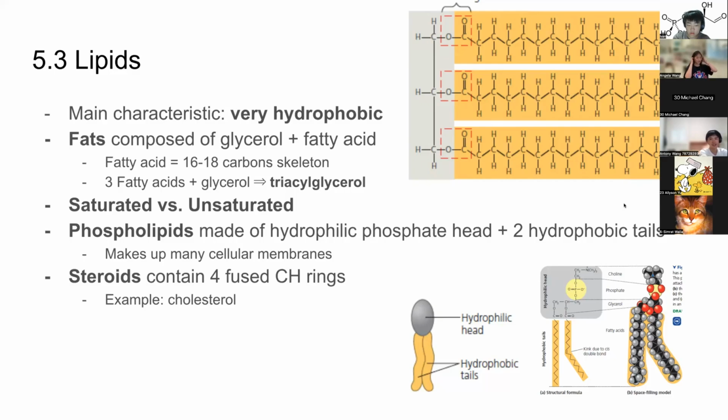Saturated fats are usually solid at room temperature and unable to move a lot because they lack the bends in the CH chain, which would create more space for them to move. Unsaturated fats take up more space because of their bent tails, resulting in liquid fats at room temperature. An example of a saturated fat would be butter or animal fat, and examples of unsaturated fats are vegetable oil or olive oil.